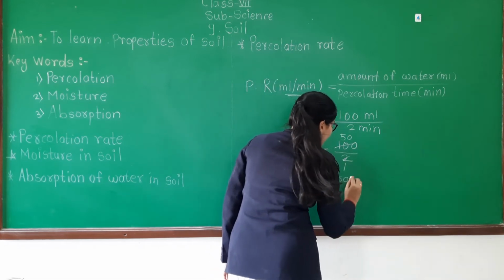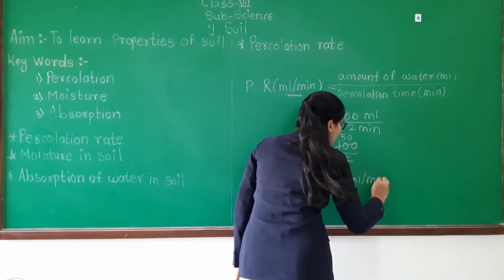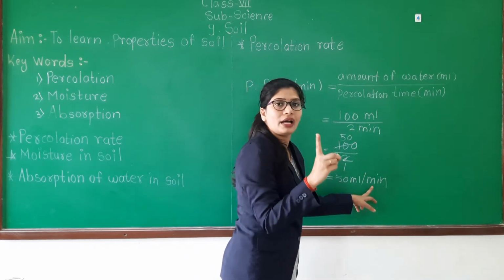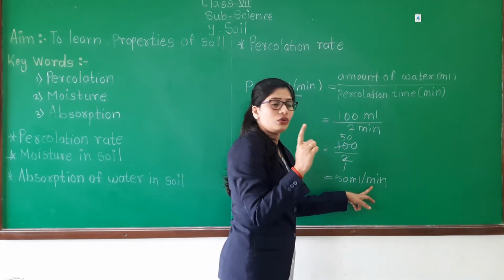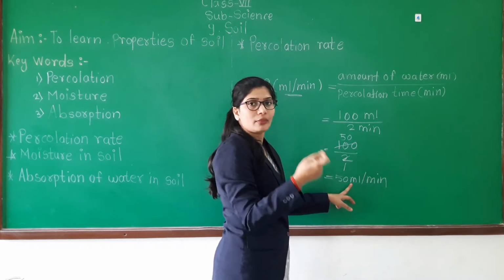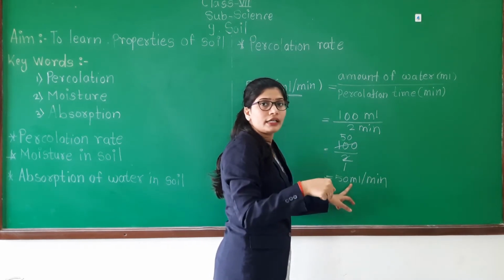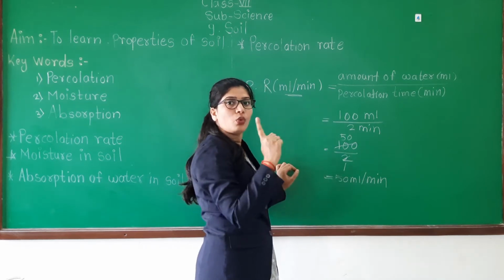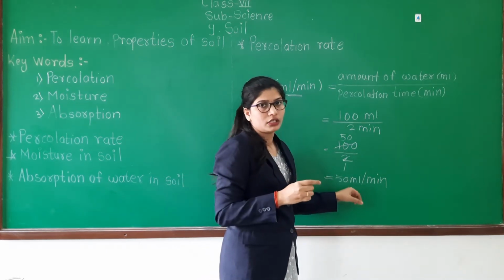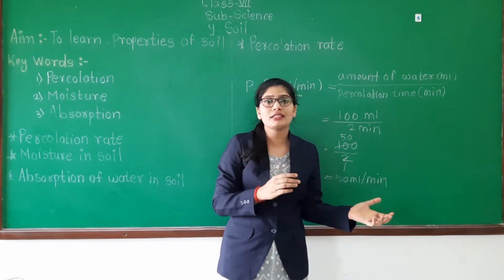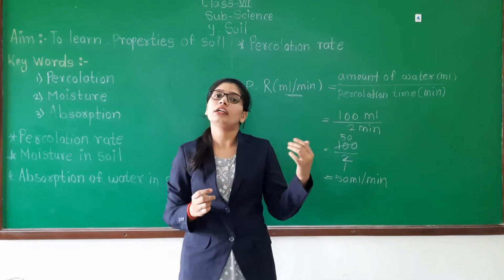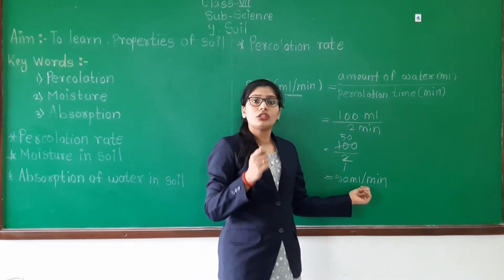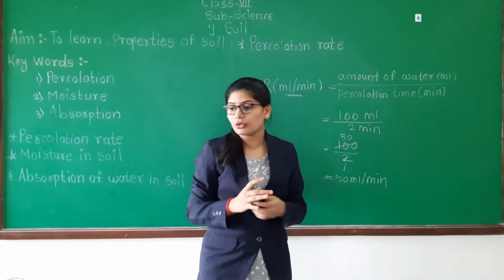So 50 ml per minute, which means in 1 minute 50 ml of water will percolate. But this value is different for different soils. This value is for the clay soil. But what about the sandy soil?